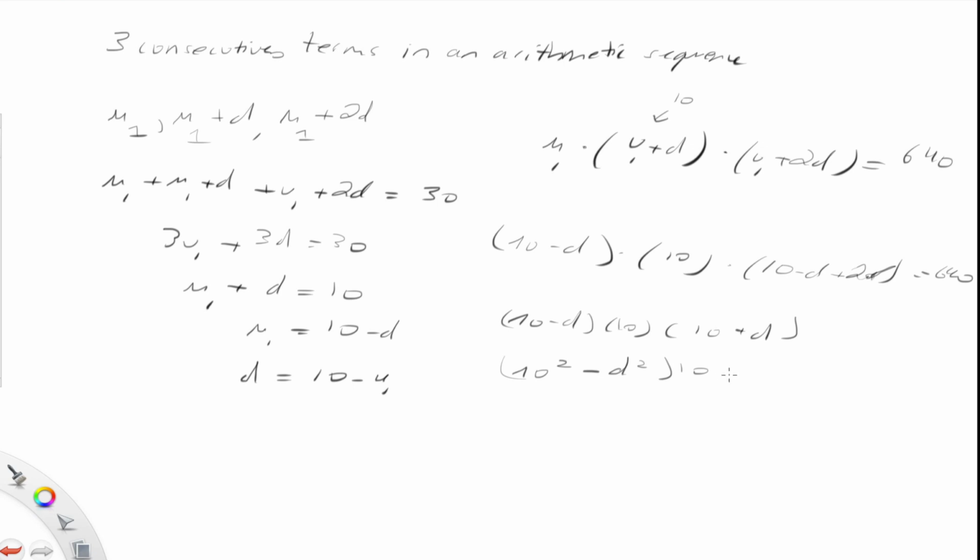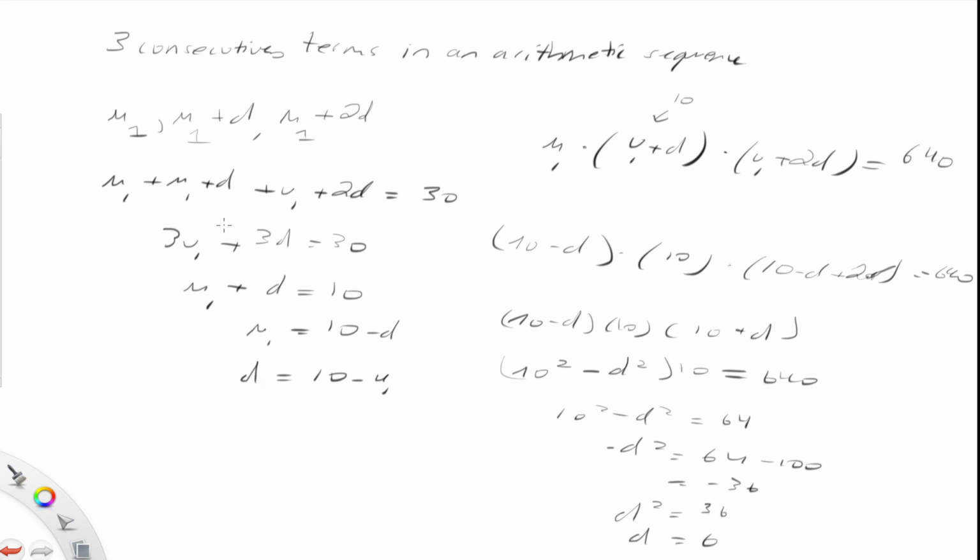Because we still have the 10 right here. That's equal to 640. So we can divide both sides by 10. We get 10 squared minus d squared is equal to 64. So negative d squared is equal to 64 minus 100, which is equal to negative 36. So d squared is equal to 36, and d is equal to 6, since the square root of 36 is equal to 6.